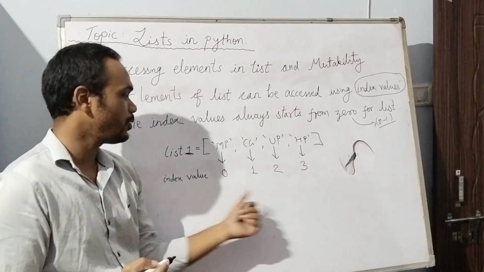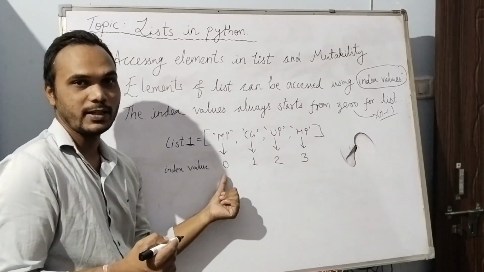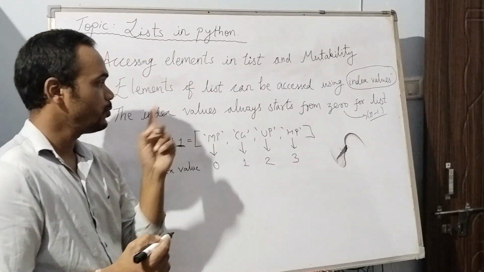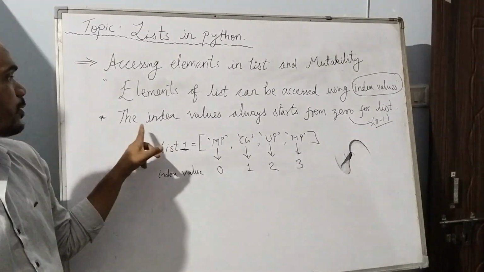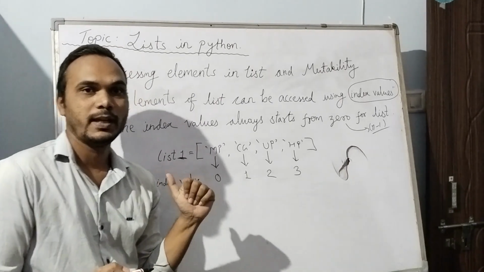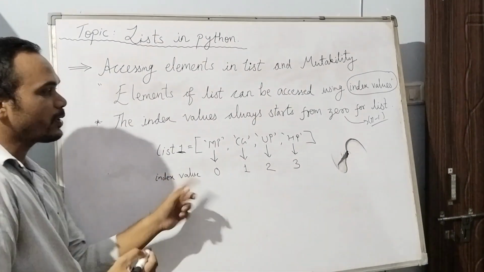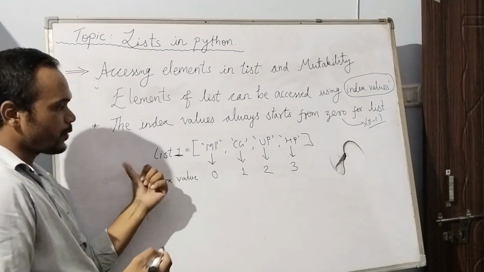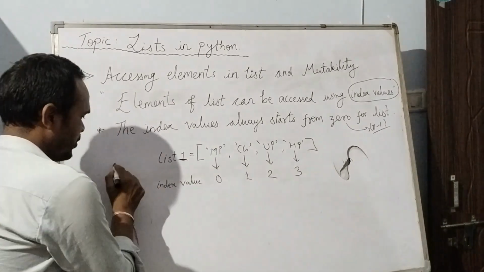Why is it happening here? Because the list starts from the index value 0. So you must remember that list index values always start from 0. Now, this was from the left hand side.